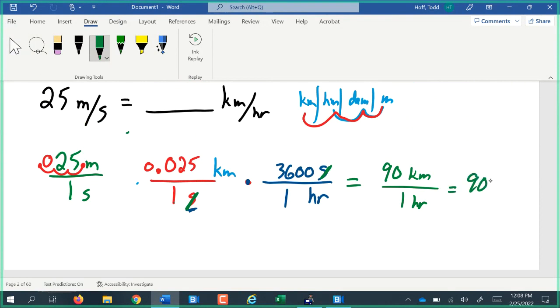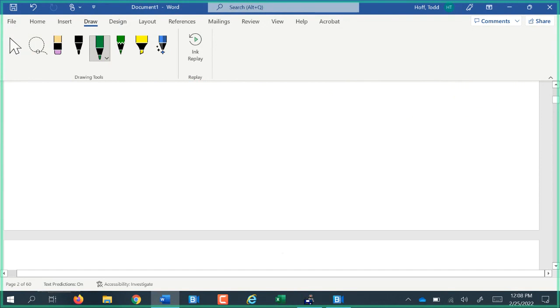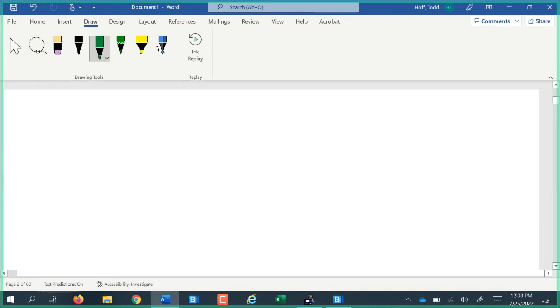That is simply 90 kilometers per hour. 90 kilometers per hour is about 56.6 miles per hour. So as we can see, when we throw in time, we actually have to do a combination of conversions, doing the metric conversion and then doing the standard unit conversion for the time portion of our rate.